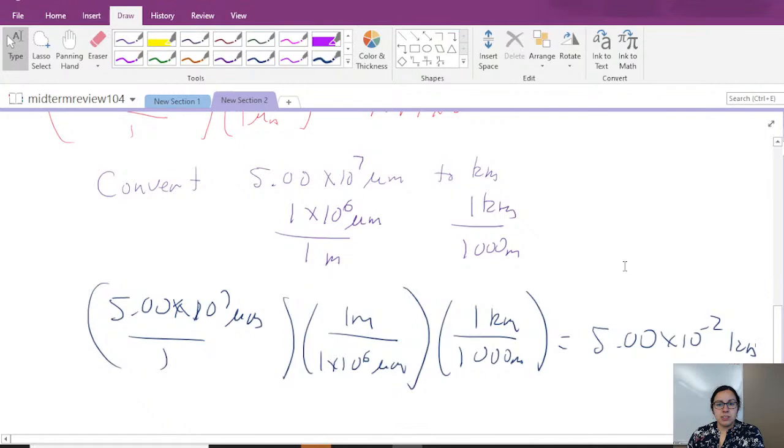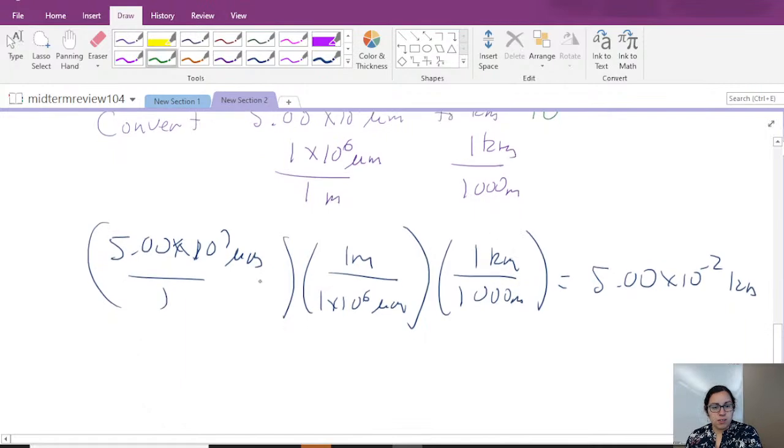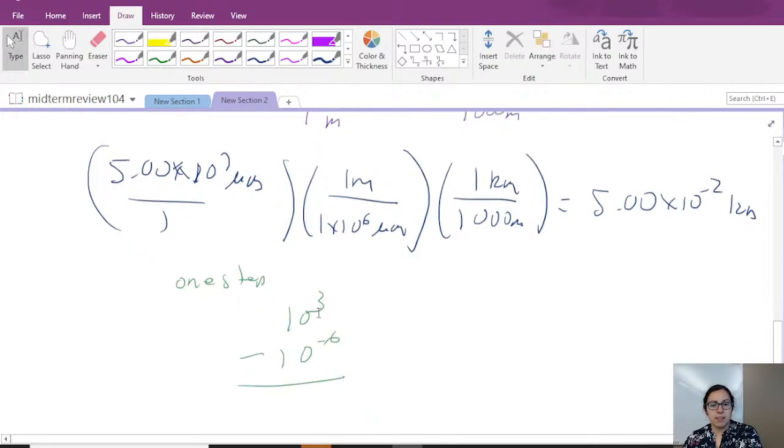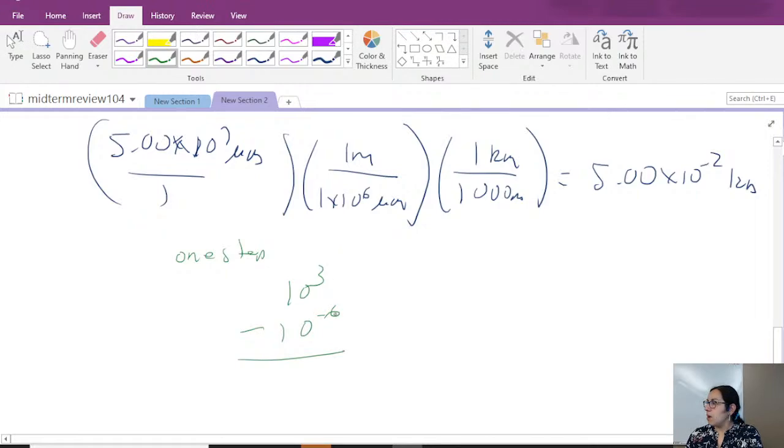And so we could also set up our one-step conversion. So kilometer is 10 to the third, and micro is 10 to the negative 6. So for our one step, we can again subtract. So 3 minus a negative 6 gives us a 10 to the 9th difference.